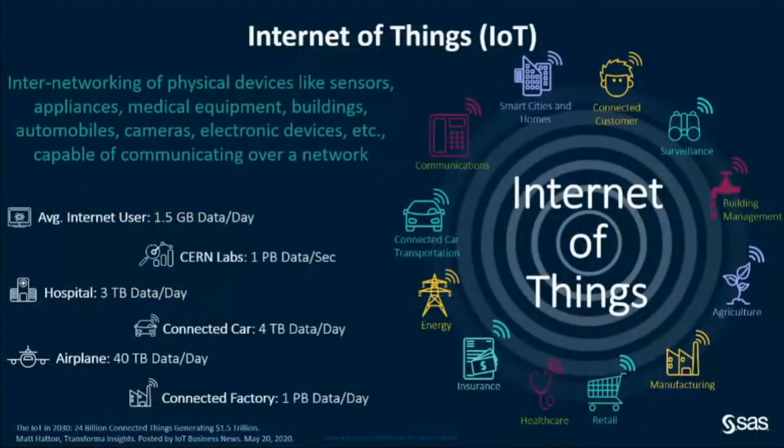What we mean by IoT is the interconnection of different devices, which could be different sensors, equipment, smart devices installed in different places, or cameras. All these devices are capable of communicating with each other or with us, and we can collect all the information that these devices are generating over a secure network.